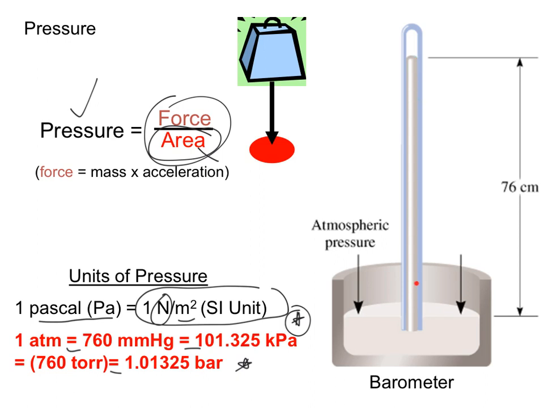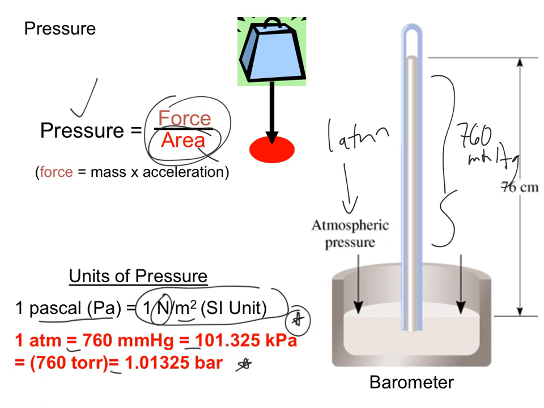So obviously this is related to an actual physical observation of a height. The other values we've established through calculations and different types of measurements, but hopefully this will allow you to easily remember the 1 ATM and 760 millimeters of mercury relationship.